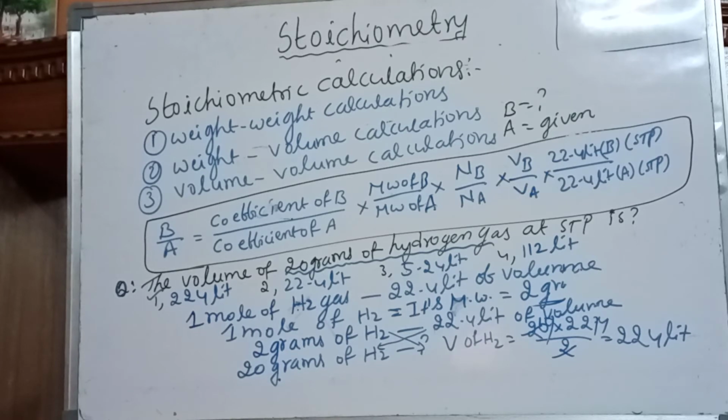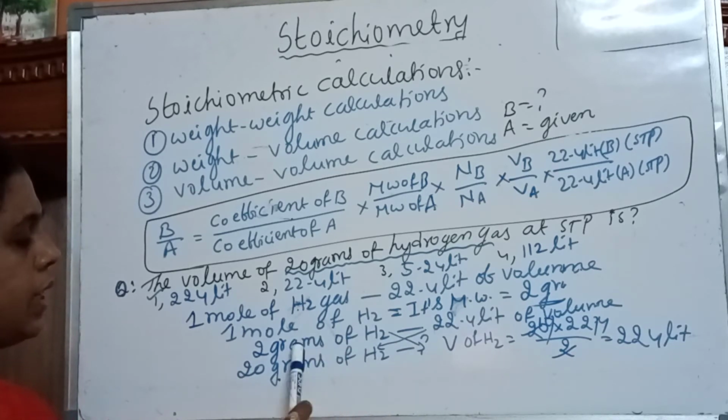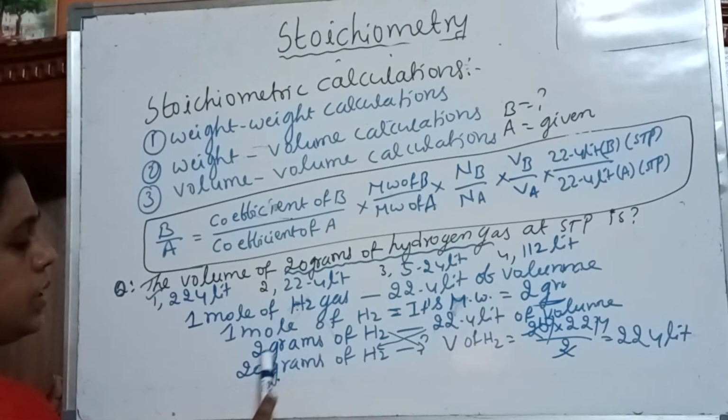So this is an example for what? A question for stoichiometric calculations. Here this is weight volume, isn't it? Which type of stoichiometric calculation is it? This is weight volume. Why? Because the quantity of one substance is given in its weight.